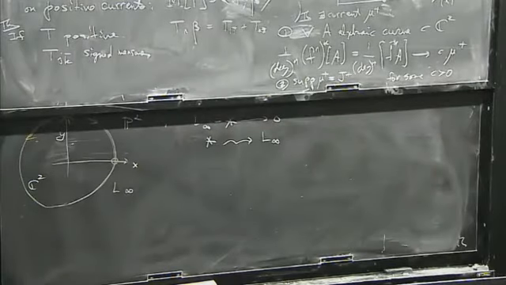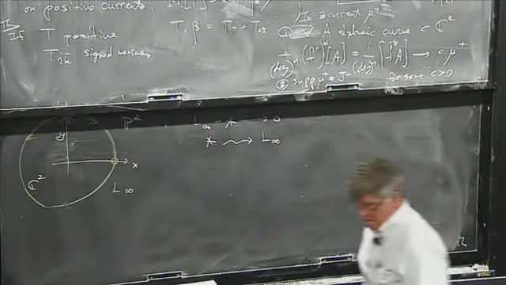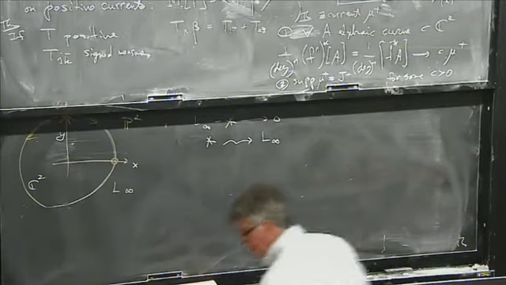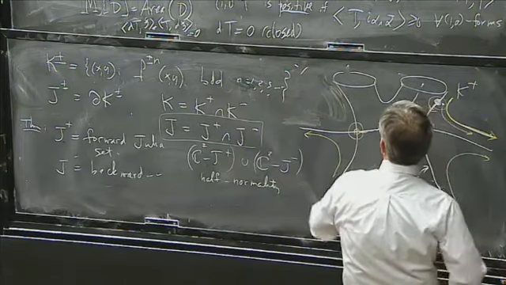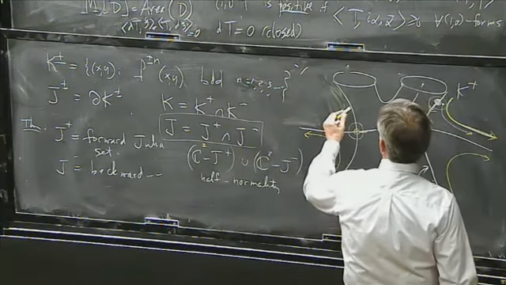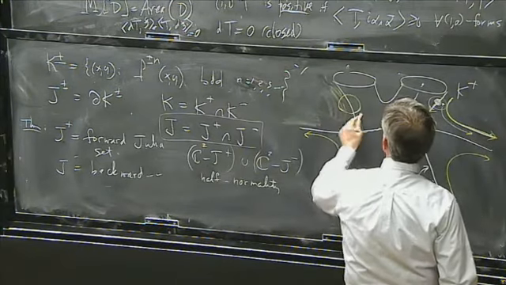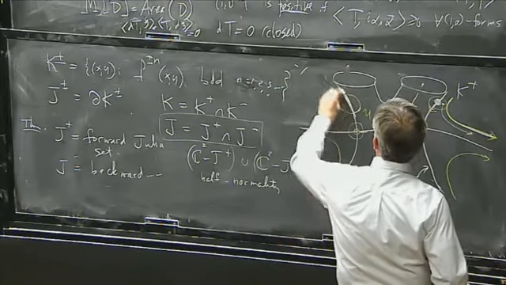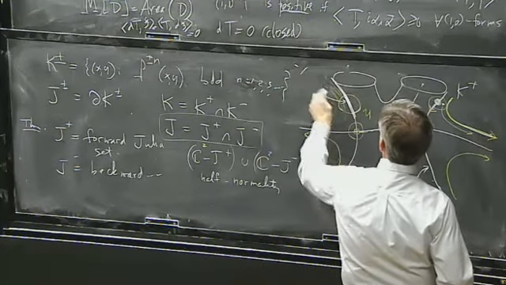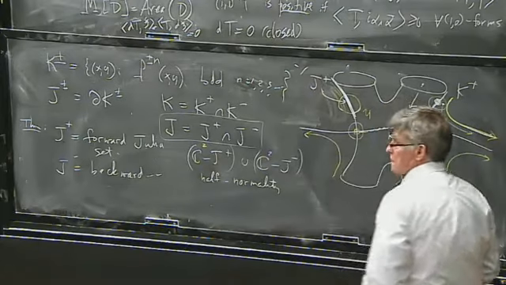So what this tells me here is that suppose I'm looking at this picture here. It's just a nice picture to focus on. Suppose I take some open set U that intersects J plus. So here is J plus. Okay.